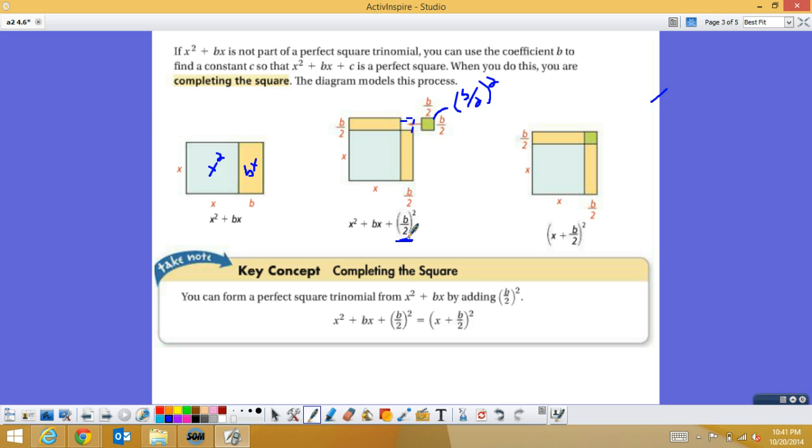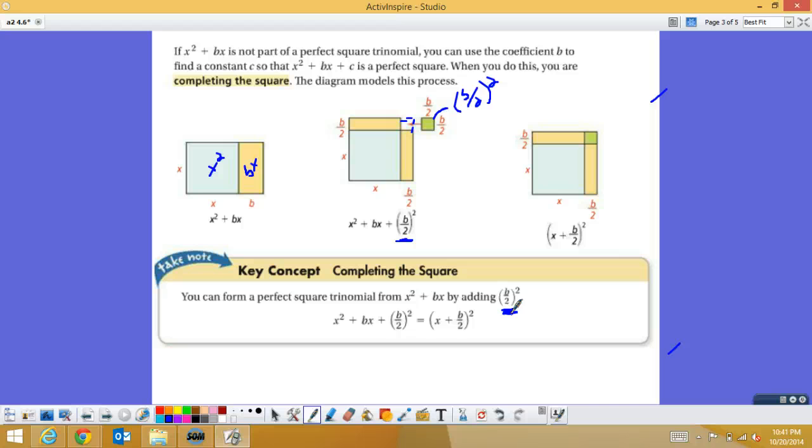And the length of this side is x plus b over 2, and the length of this side is x plus b over 2. So the area of that square is x plus b over 2, the quantity squared. So what we're going to do is take that b term and take half of it and square it, and that's what we're going to add to both sides when we are solving these by completing the square.